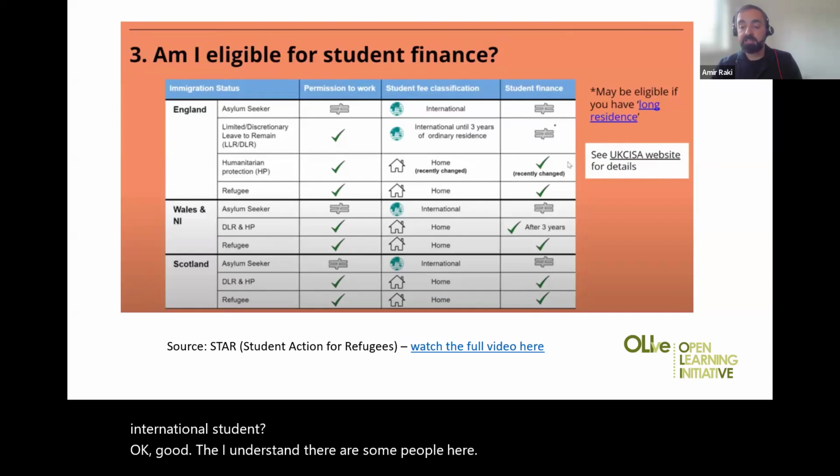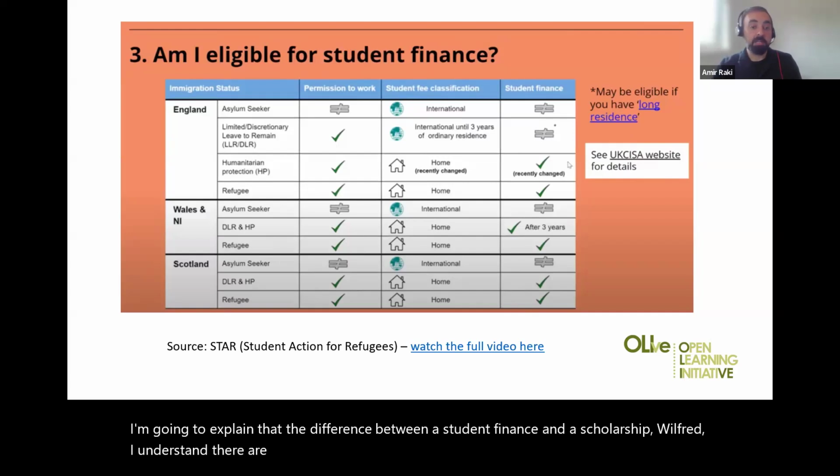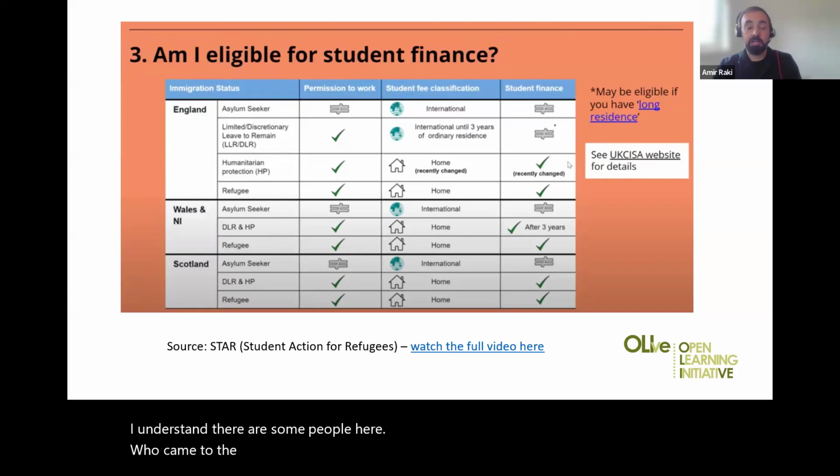I'm going to explain the difference between student finance and a scholarship. I understand there are some people here who came to the country by family reunion visa. Also, some of you are family of a refugee.